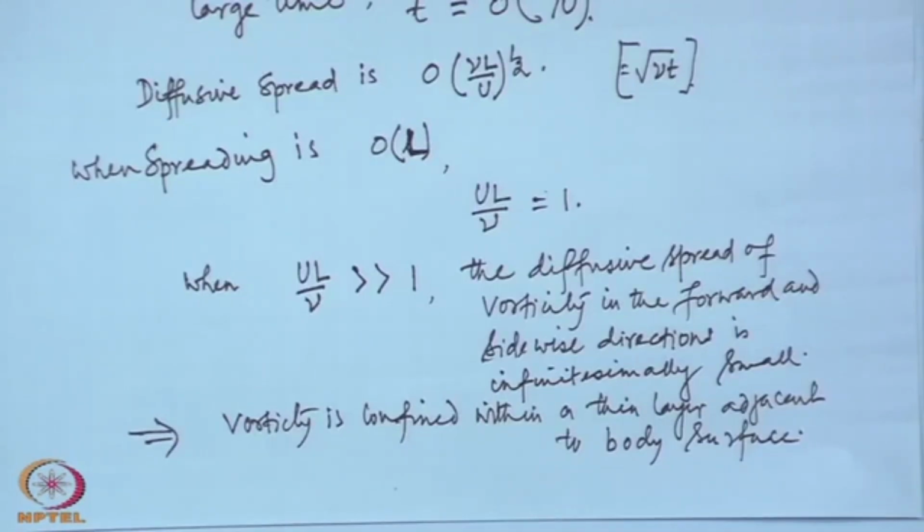Now, let us see what is this U L by nu. Think about the Navier-Stokes equation. The convective force is given by the term U grad U. If you look at the Navier-Stokes equation, the left hand side is rho into du dt plus U grad U. When you write in standard form, each term is U du dx, U du dy, V du dx, this sort of terms.